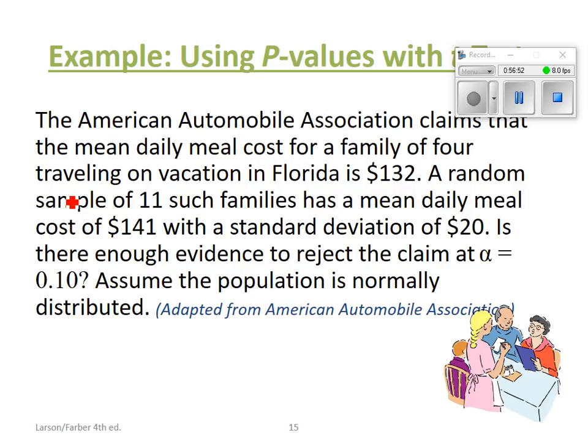So our HO this time, it says American Automobile Association claims that the mean daily cost for a family of 4 traveling on vacation in Florida is 132. So the mean equals $132. What's our HA going to be then?